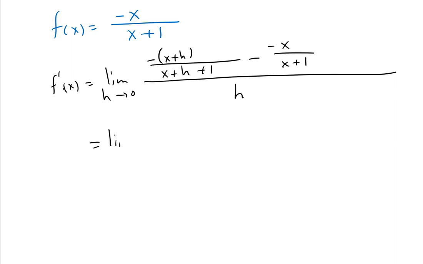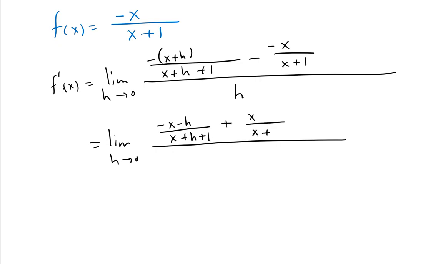Then how are we going to simplify this? The first step is on the top we get negative x minus h all over x plus h plus 1, plus x over x plus 1, over h. The best thing to do here is to find the least common denominator, which is x plus 1 times x plus h plus 1.